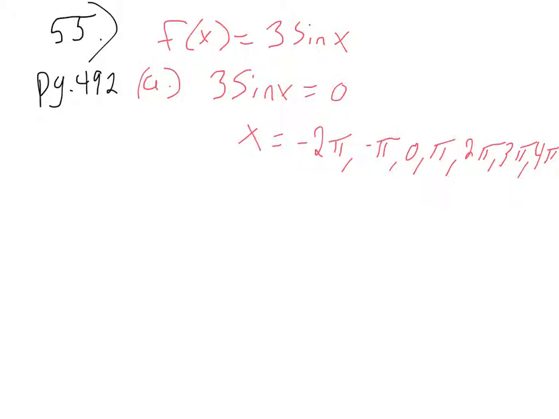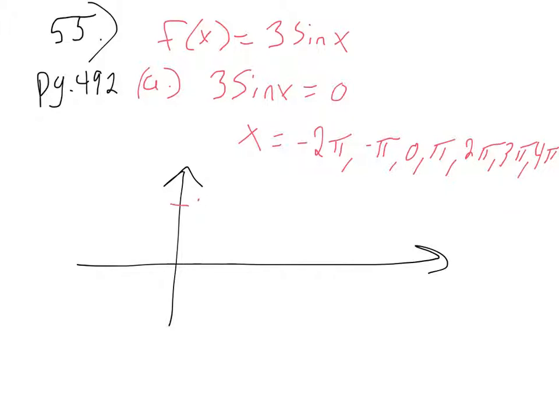If we want to go ahead and graph the function on that interval, the only transformation it has is an amplitude of 3, so it's going to go up to positive 3 and down to negative 3.